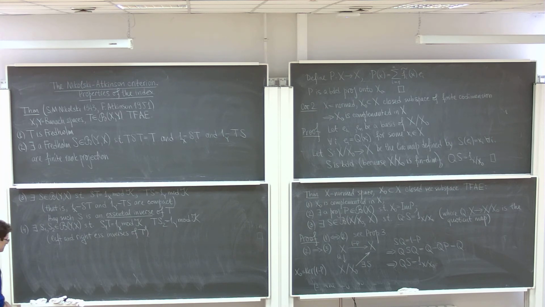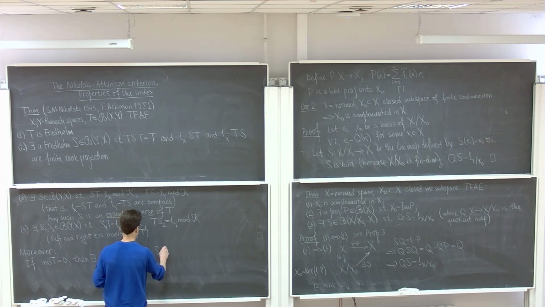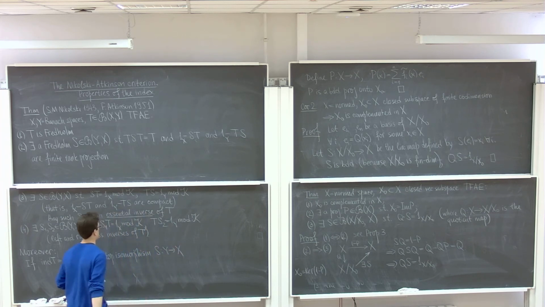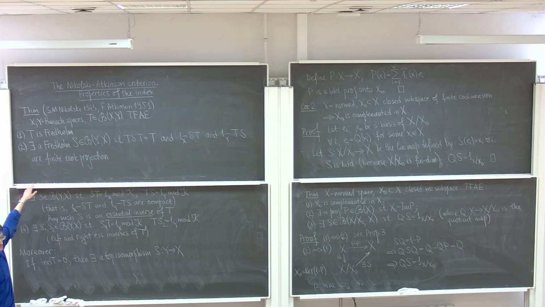But this is not the end of the story. Moreover, we have the following two statements. If, in addition, we know that the index of T is 0, then we can always find a topological isomorphism S from Y to X satisfying condition 2.